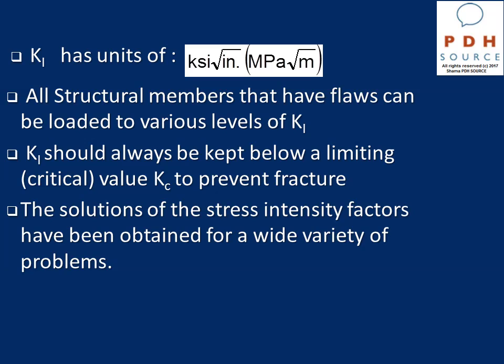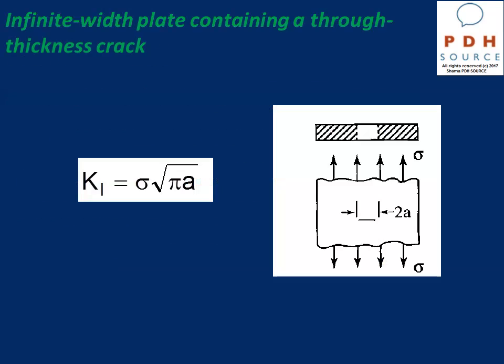The solutions of stress intensity factors for different problems are presented. We are going to present some of them in this course, the most important cases. Basically, we start with the infinite width plate containing a through thickness crack, and this is the equation that we just came up with according to Irwin.